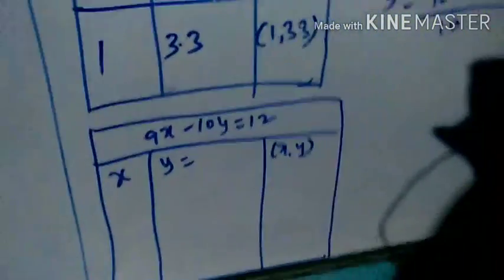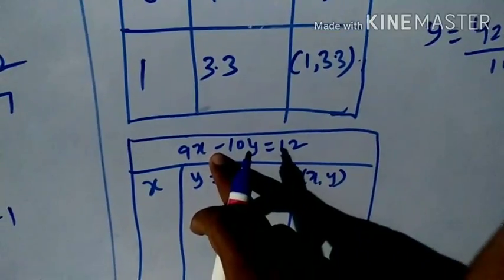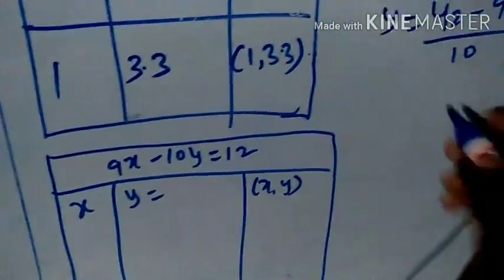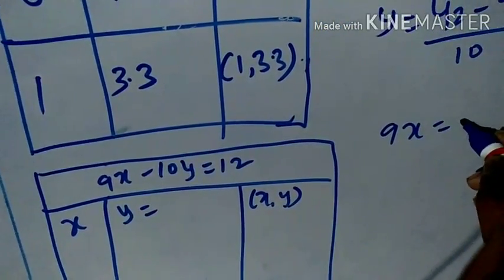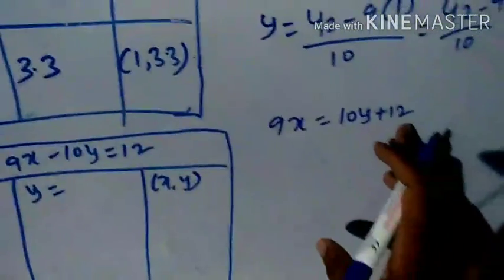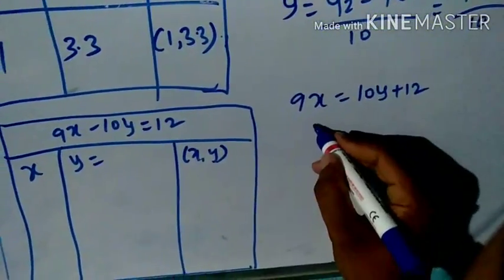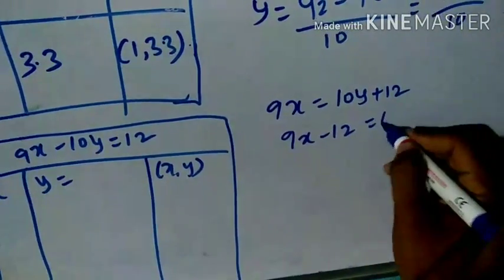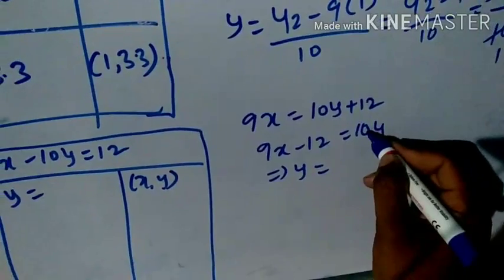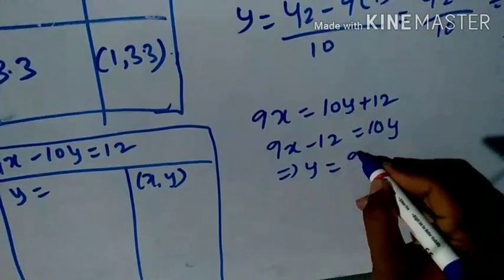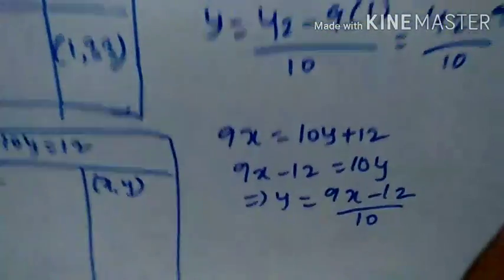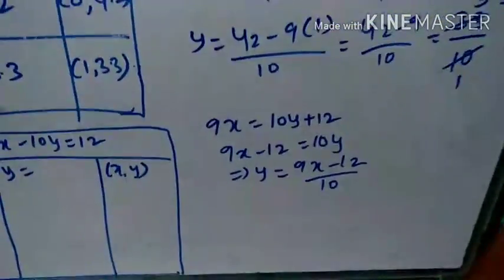Now I am writing the equation in terms of y. Here y has a minus sign, so transpose to RHS. So 9x is equal to 10y plus 12. Next, transpose 12 to LHS. 9x minus 12 is equal to 10y. This implies y is equal to 9x minus 12 by 10.